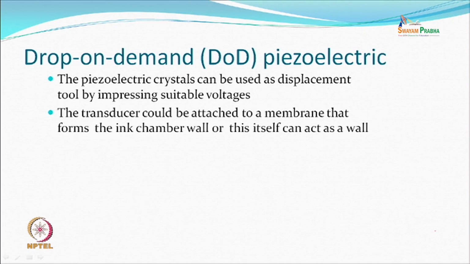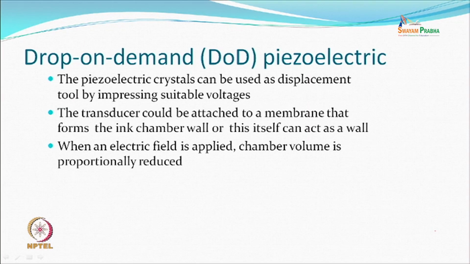The transducer can be attached to a membrane that forms the ink chamber. The ink chamber has a wall, and the wall is made of some flexible membrane. On one side, on top, on the side, at the bottom, if you add any such crystal, then after applying a suitable voltage or field, you will get displacement, and so that much volume could be ejected out.